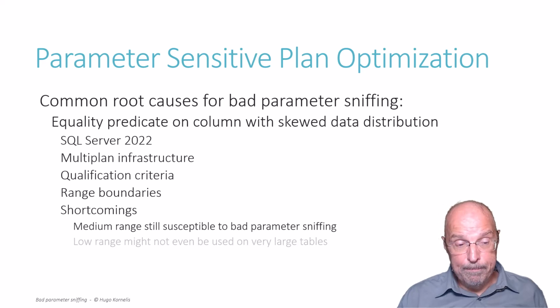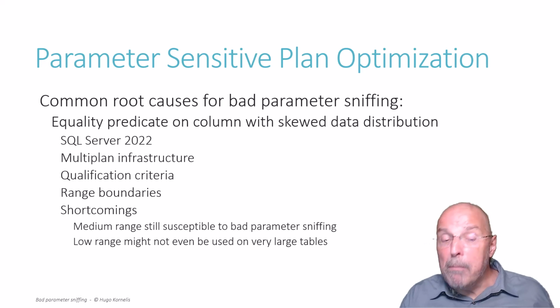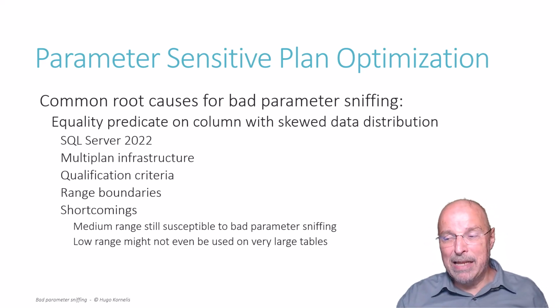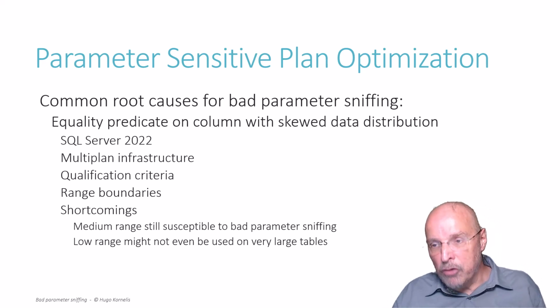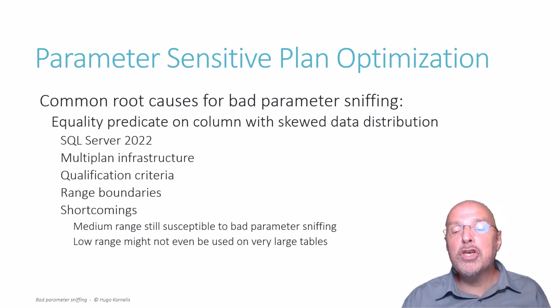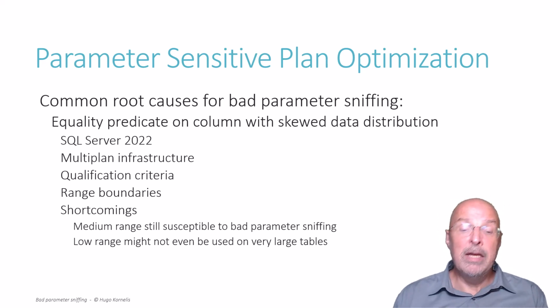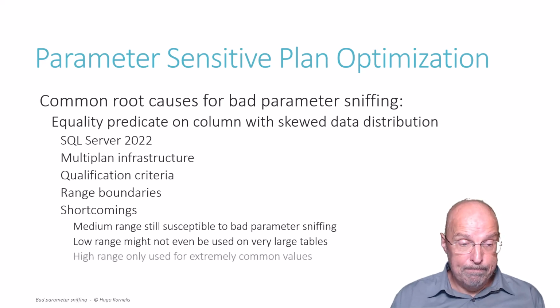They are not. On very large tables, the low range might not even be used. And I realize I forgot to put in the slide deck, but for tables that do not hit that 100,000 skewness, you also can have a lot of problems. So the minimum skewness criterion of 100,000, I should add that to the slide, is also way too low.